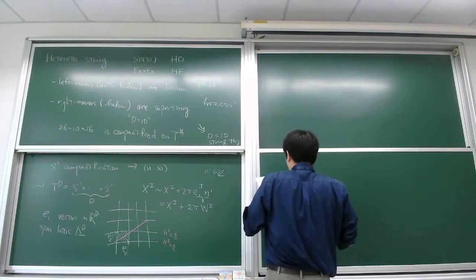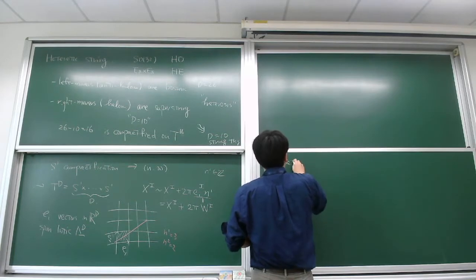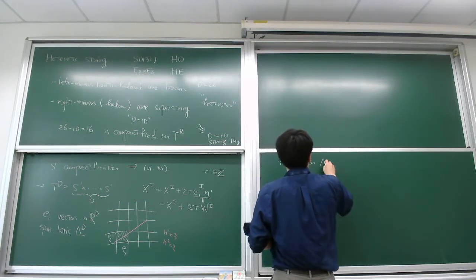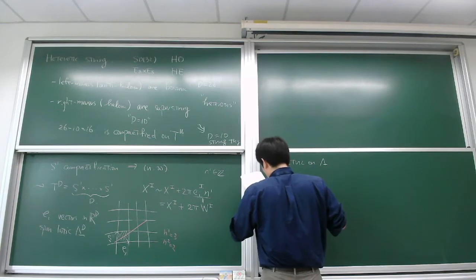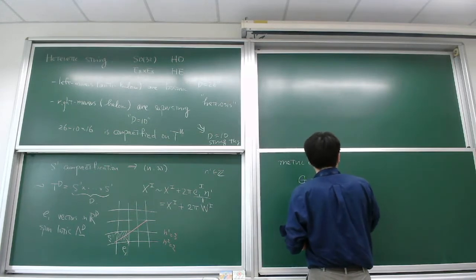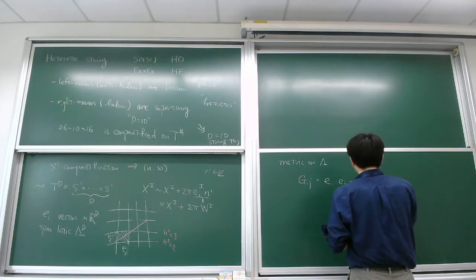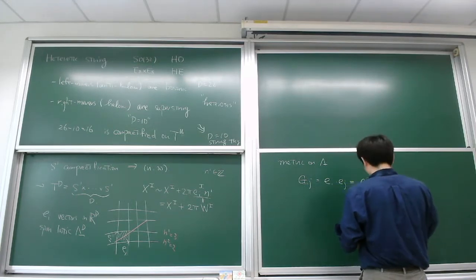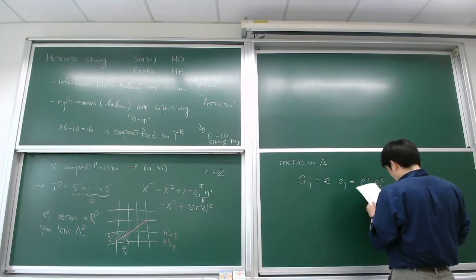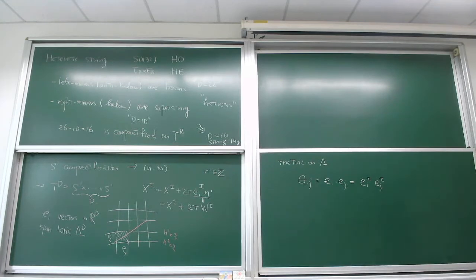So this lattice can be tilted, so that you can just introduce a metric on the lattice Lambda, such that g_ij is just the standard inner product with respect to the Euclidean signature. In other words, g_ij equals e_i dot e_j, with the sum over i assumed.